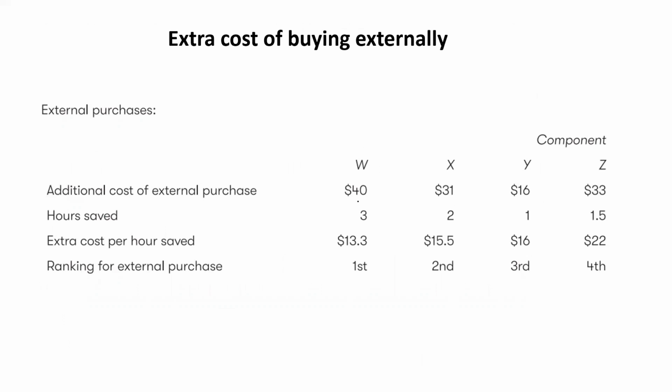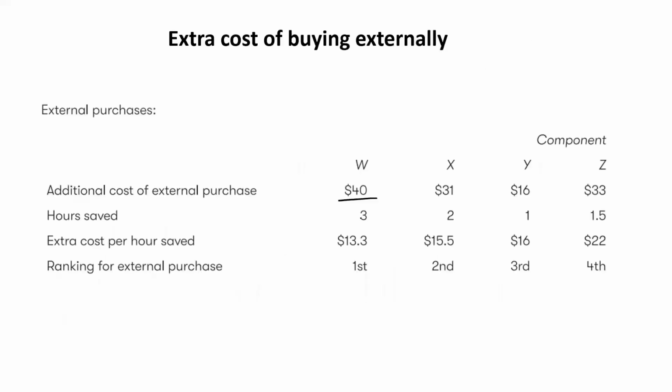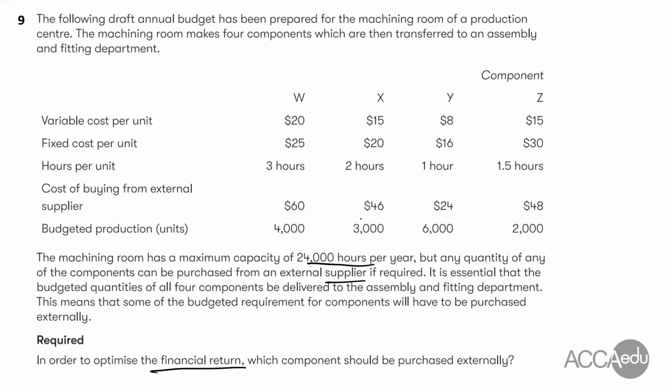So additional cost of external purchase like 40, 31, 16, 33. How did you find this? It's actually found by subtracting the variable cost of producing in-house from the external purchase price.